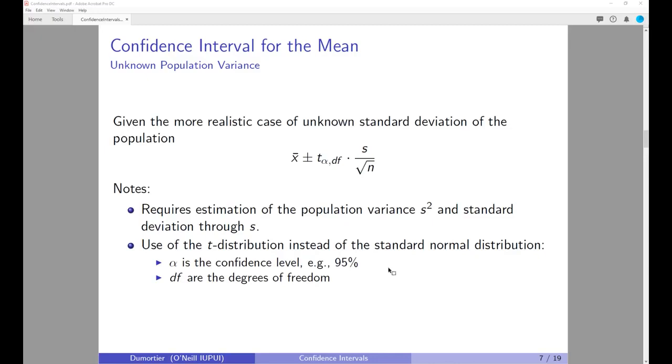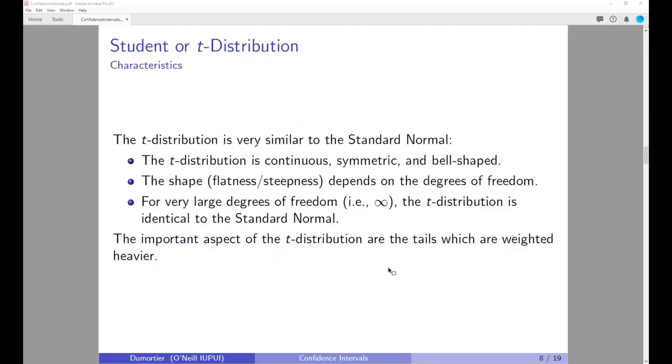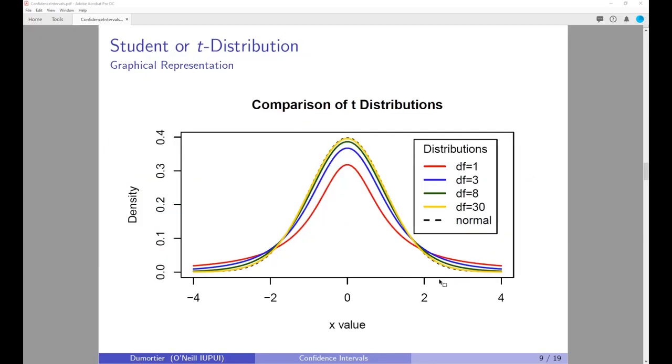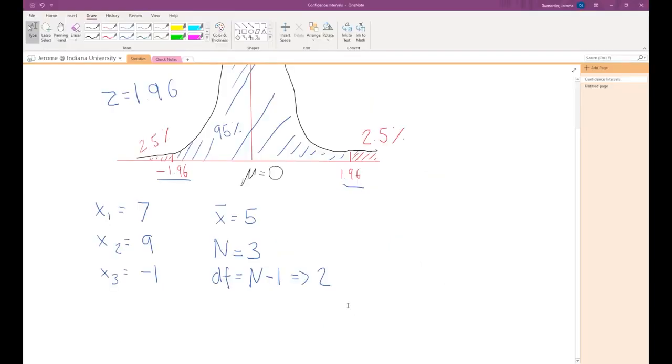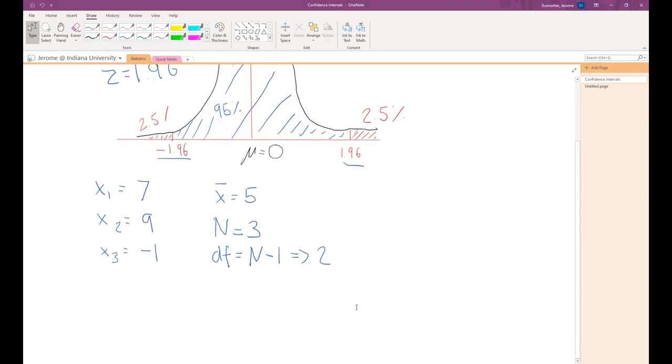Hence, in order to correct for this error, we have to widen the confidence interval to account for it. Okay, so let me demonstrate to you how this actually works in practice here.